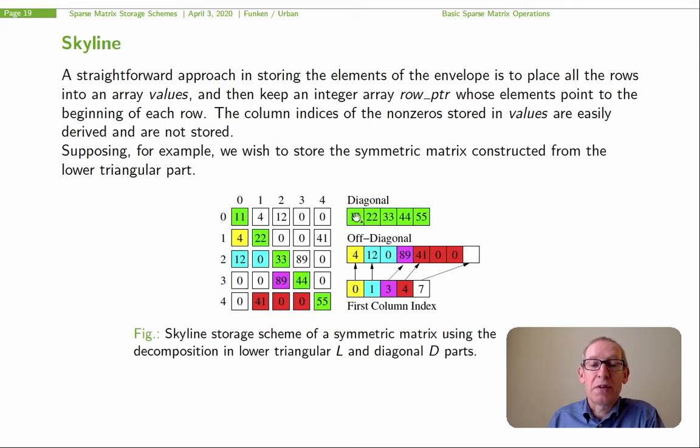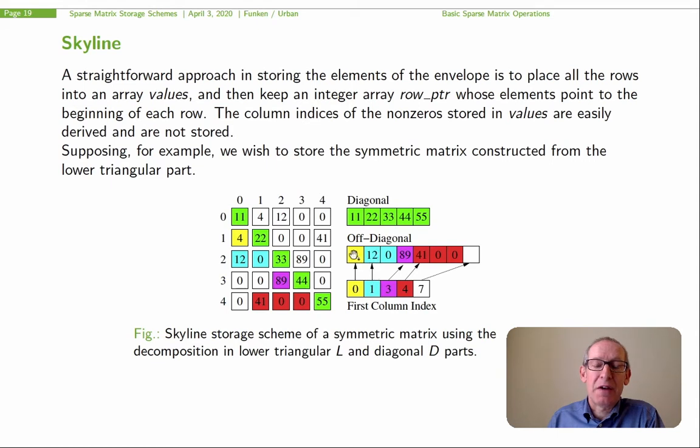We mentioned already that we assume that all the diagonals are non-vanishing, or that we store the diagonals separately, as given here. And then we also store the first entry of a row which is non-zero. So it's pointing to 0 for the second row. It starts with index 1.